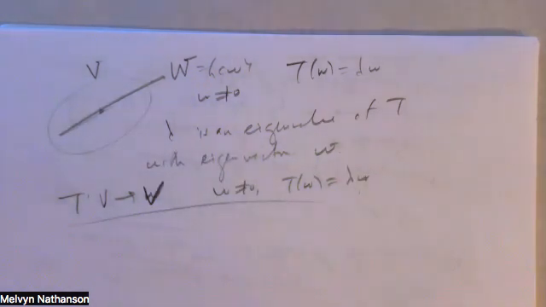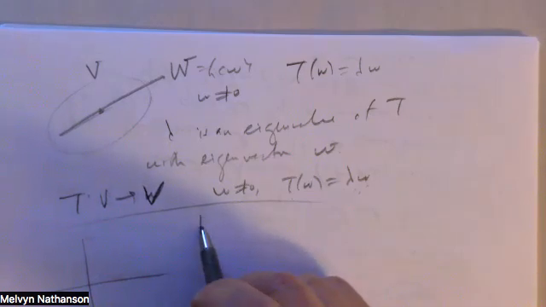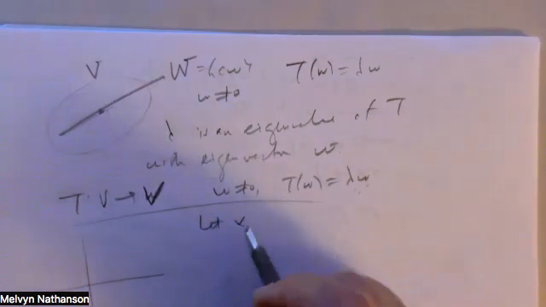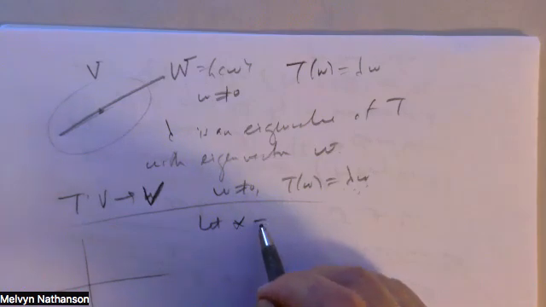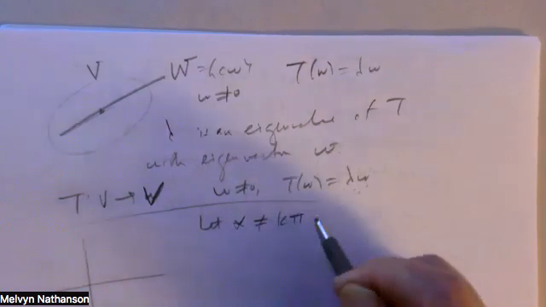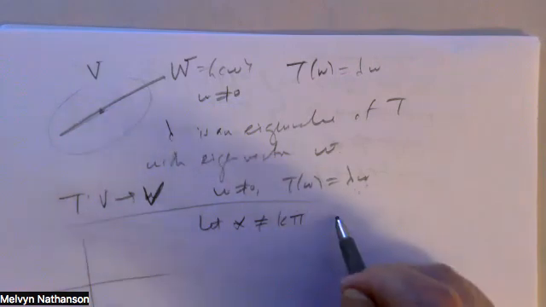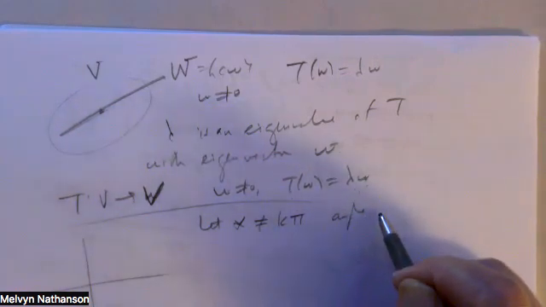Now, not every linear operator has an eigenvector. So suppose we let alpha be some angle, which is not a multiple of pi. So this is an angle in radians.